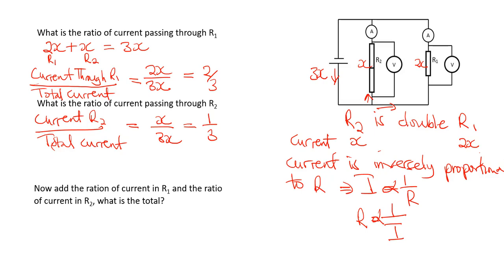So these are the two ratios. 2/3 passes through R1 and 1/3 passes through R2. If you add the ratios, it will be 2/3 plus 1/3 to give you 1.